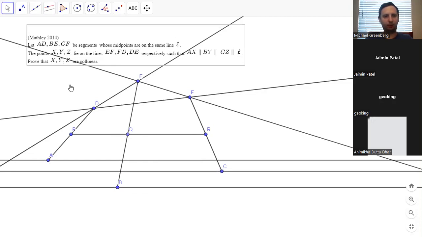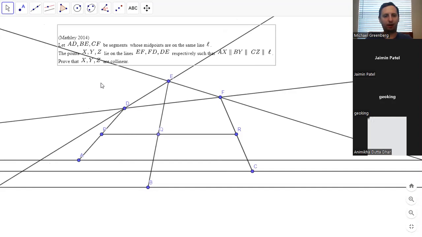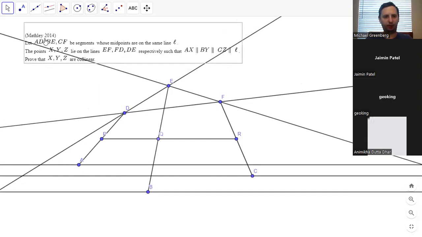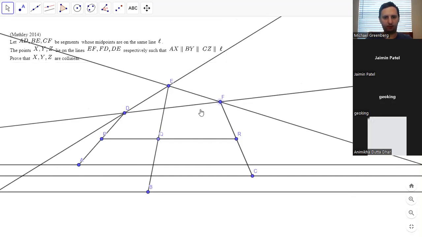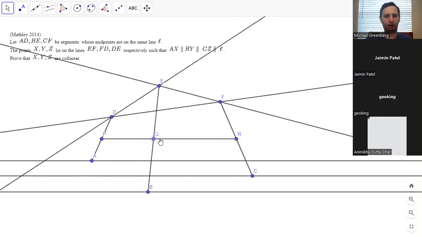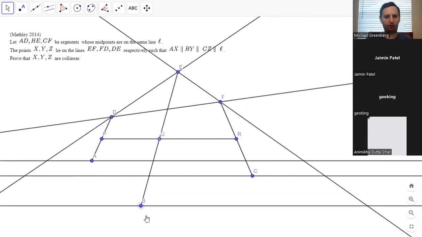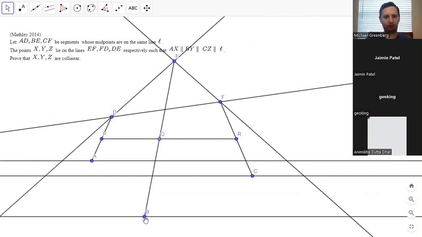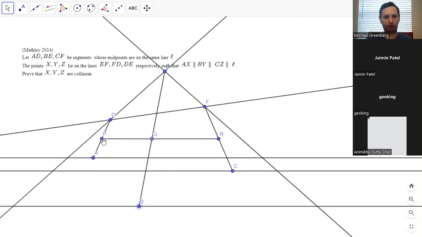So yeah, in this question there are no circles involved. It's all lines, but I still think it might be a little bit tricky. This is still a pretty obtuse triangle. I want to make it more of an acute triangle, let's see. Actually, that looks all right. I'm just going to shrink it a little bit.